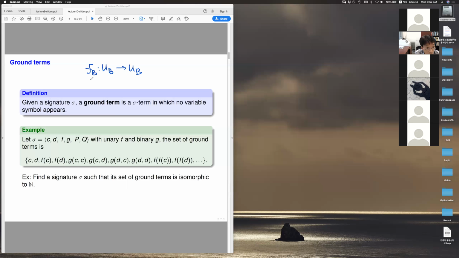An arity 1 predicate symbol in B is going to be a subset of U of B. So they are different, but you can view these two things as a bit related, because the subset can be understood as what is sometimes called an indicator function, or characteristic function. So this one can be understood as some mapping. Maybe I just call it G of, maybe I use this notation.